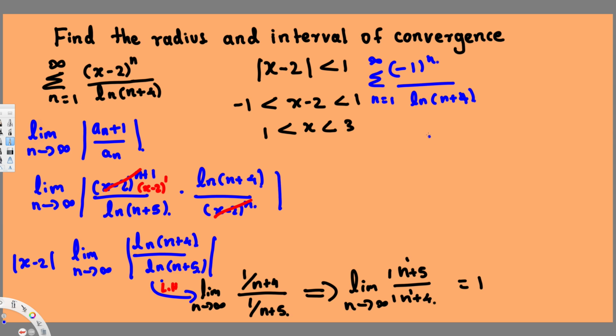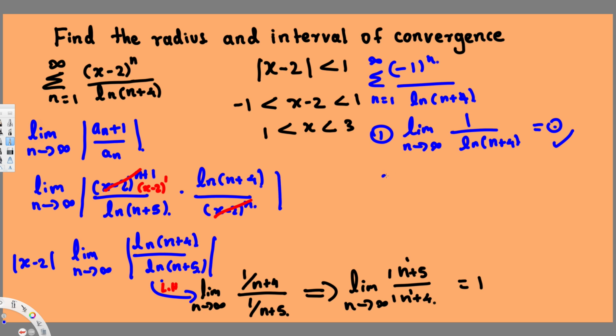Now let's go ahead and take the limit first. Limit n approaches infinity of 1 over ln(n plus 4), and you can see this is 1 over infinity, so this is definitely equal to 0. So this satisfies one of the convergence tests. Now let's go ahead and find whether this is decreasing.